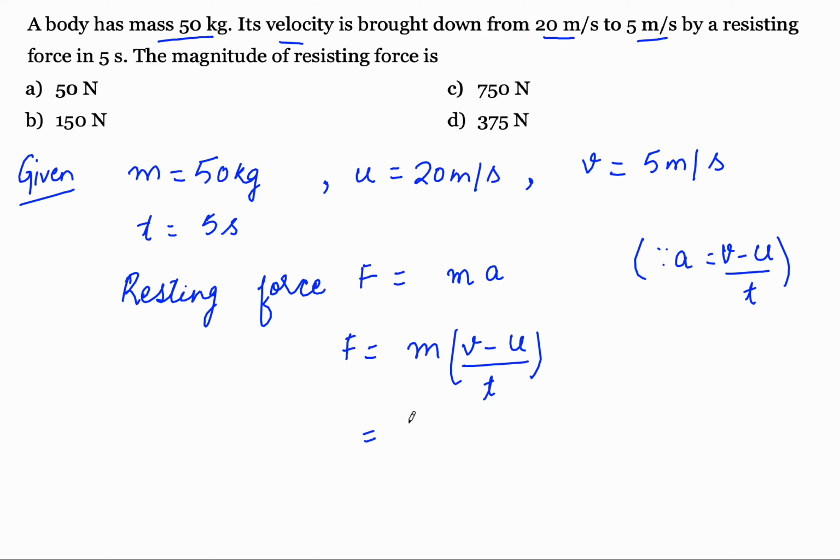So mass is 50 kg, and the initial and final velocities are here. First I am going to write final minus initial divided by time. So this is force.